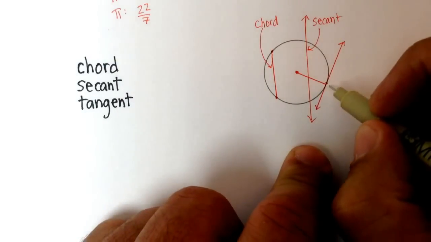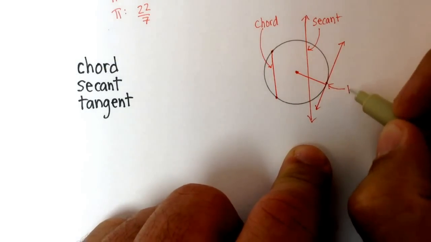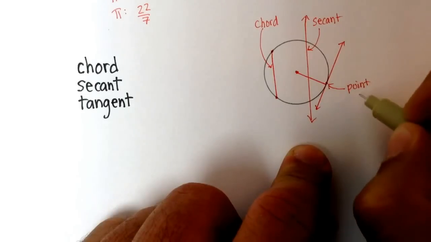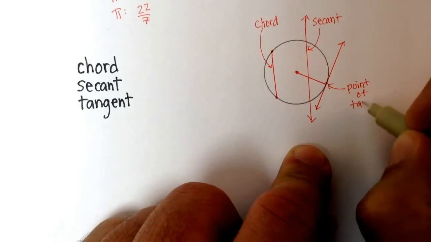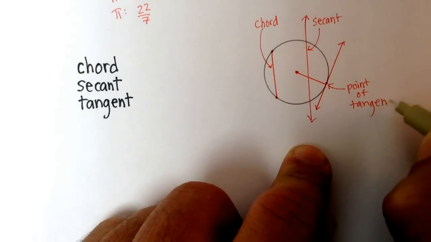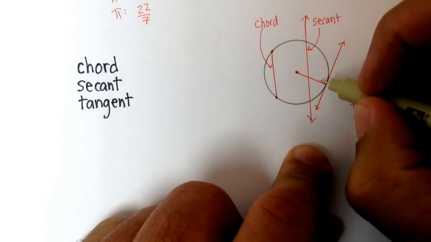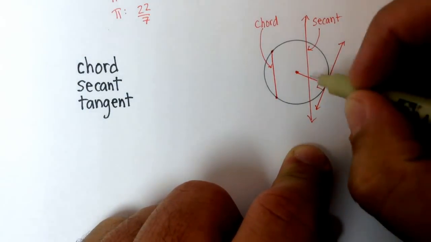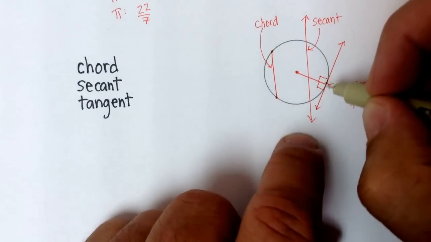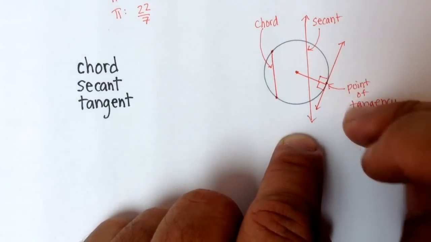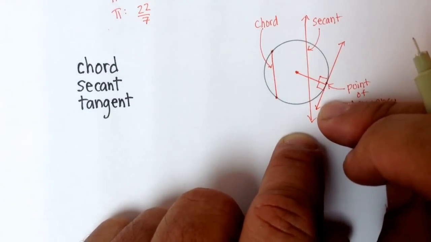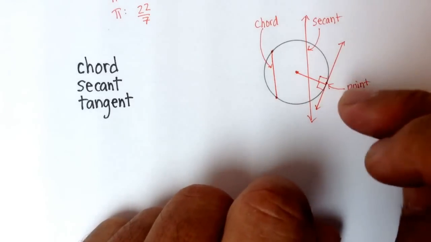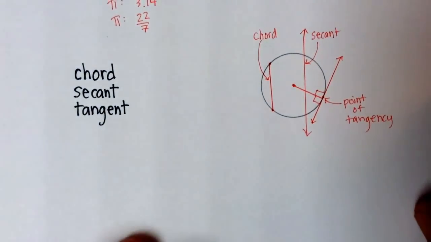By the way, this point where it touches is called the point of tangency. And again, the angle that it creates is always a 90-degree angle with the radius at that point of tangency. That actually makes it a very valuable line to understand the relationships with.